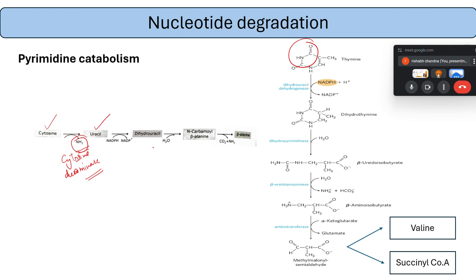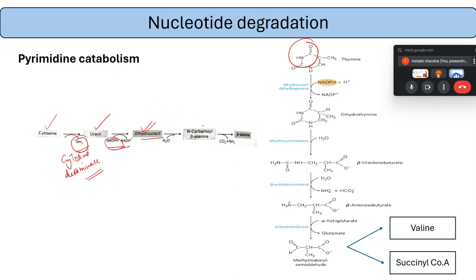forming uracil. Then after that, uracil is converted to dihydrouracil with the help of the enzyme. This is a redox reaction involving NADPH, because two hydrogens will be used in this particular reaction.